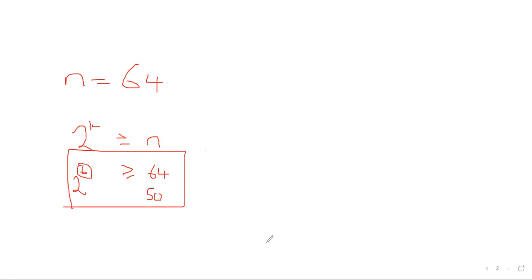If we had a sample size of 100, for instance, you try 2 to the power k, which number will be first exceeding 100. If we put a 6, we know that is 64.